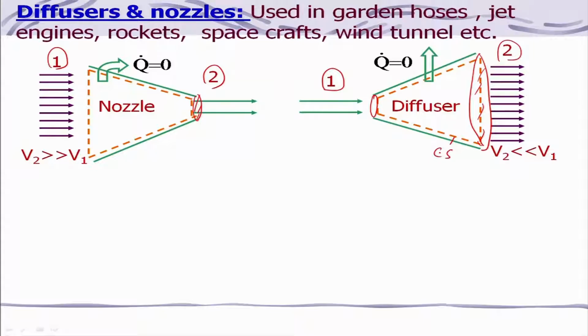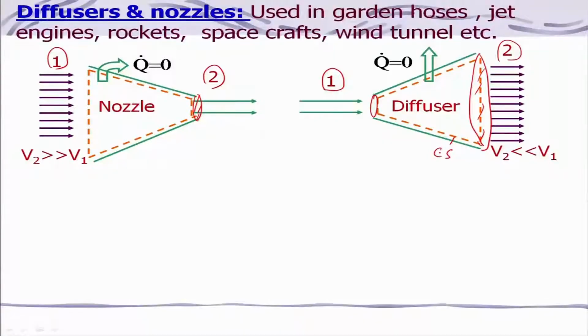Now, we want to analyze what is happening. I want to find out, let us say we will take a nozzle, what will be the exit velocity if I know the inlet velocity, similarly in the diffuser, and for that we will have to apply the mass conservation equation and then the energy equation. But what assumption can we make?